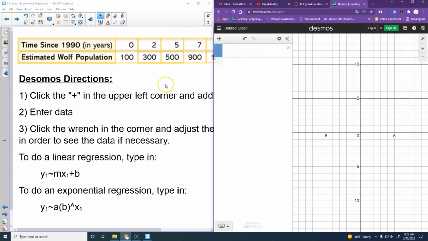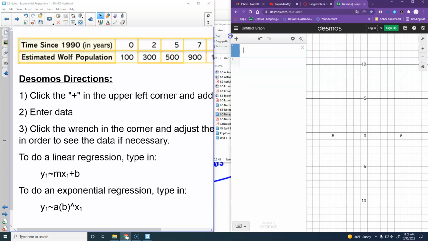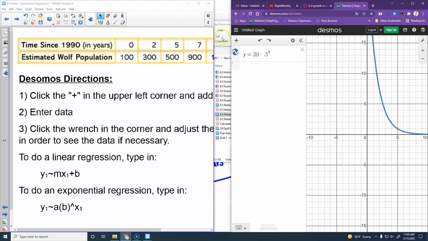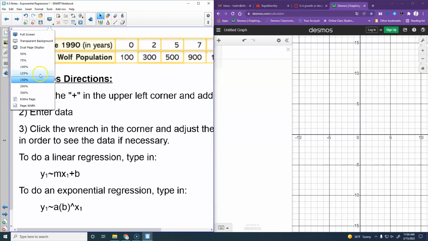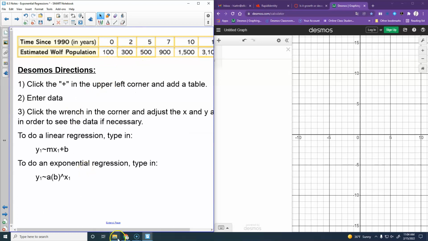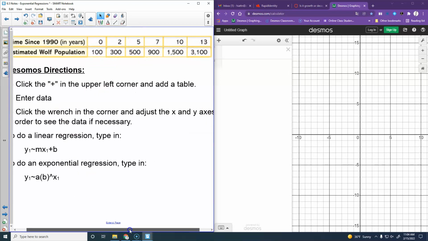So, Desmos is really straightforward with this. I feel like it's 100 times easier than using the calculator. So, let's make this a little smaller so we can see all the data.